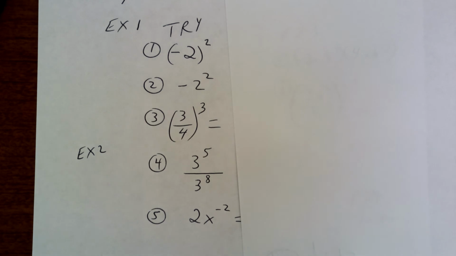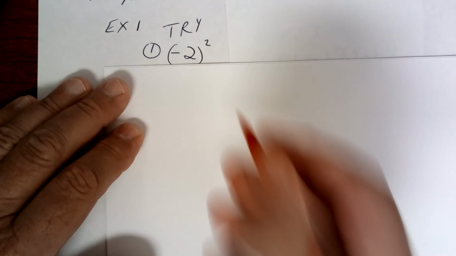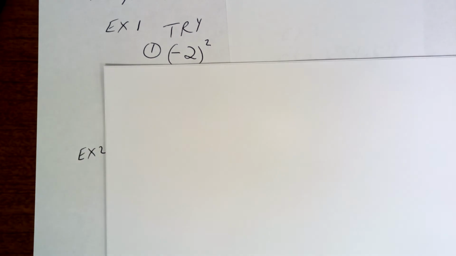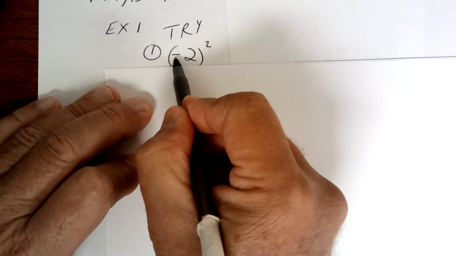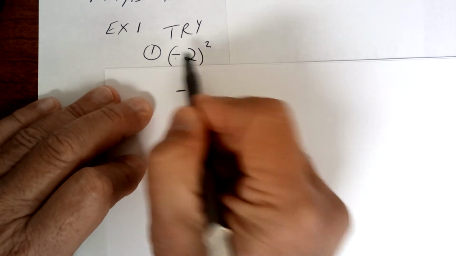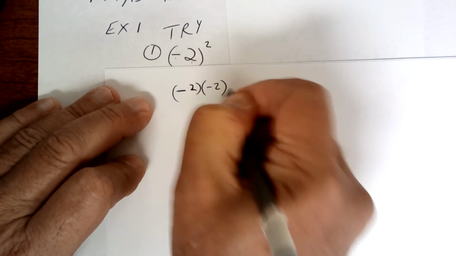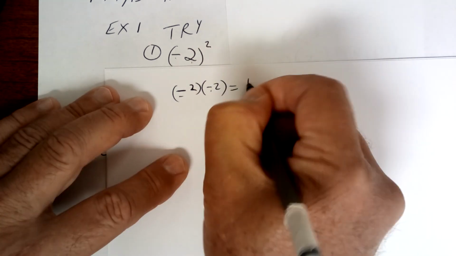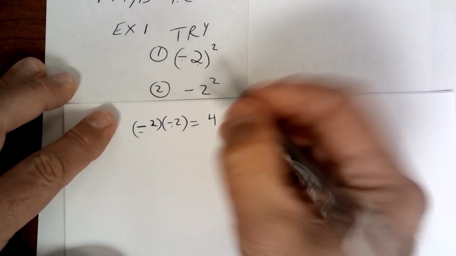Now, there's a difference between these two right here. Like this one, the -2 is squared. The negative is squared, and the 2 is squared. So that's a -2 times a -2. A negative times a negative gives you a +4. But on this one right here, only the 2 is squared, not the negative.